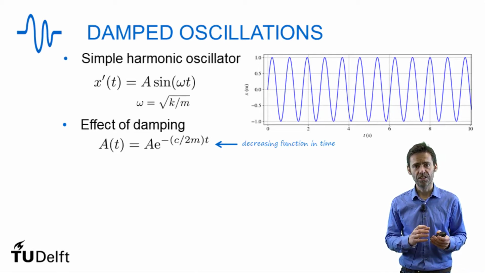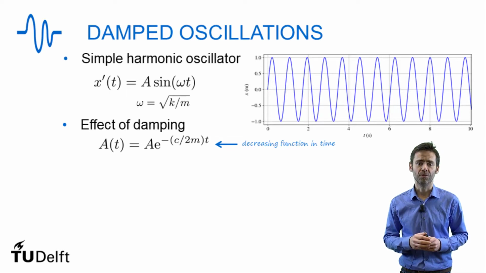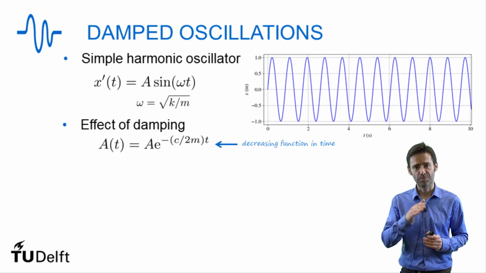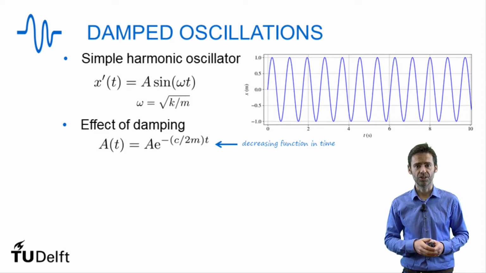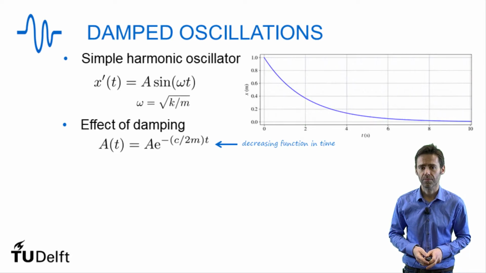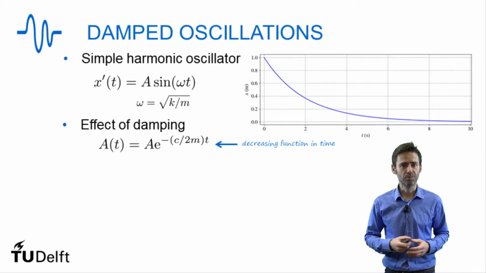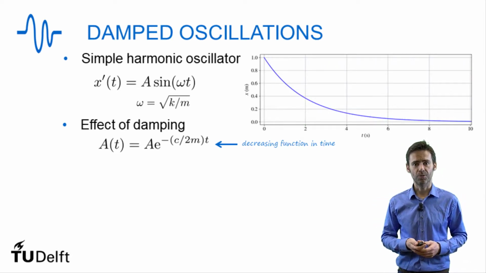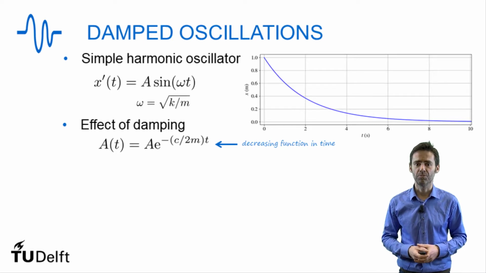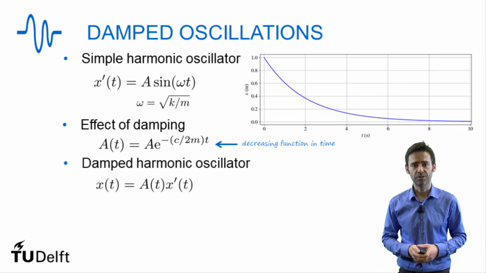With c a constant and m the mass, this is a positive number, and the minus sign takes care that for positive times this amplitude will decrease over time, as you can see in the function here. Then the total movement of the harmonic oscillator with the effect of damping is given by x of t is A of t, so the amplitude term, times the harmonic oscillator solution, A sine omega t.